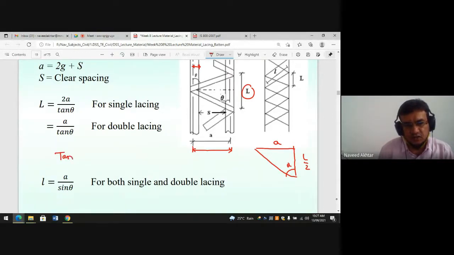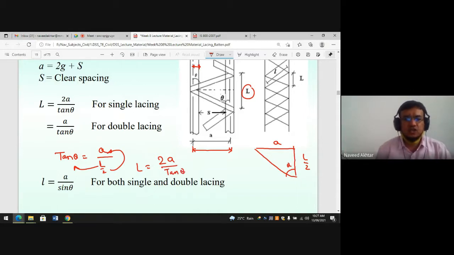Tan theta is equal to, opposite is A, adjacent is L by 2. So L is equal to 2A upon tan theta. L is trigonometry, and small l is equal to A upon sin theta.